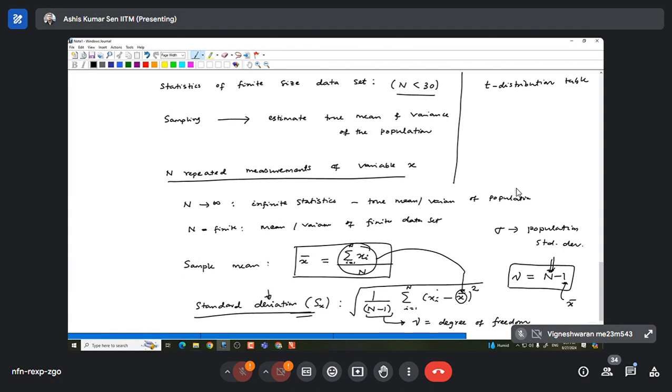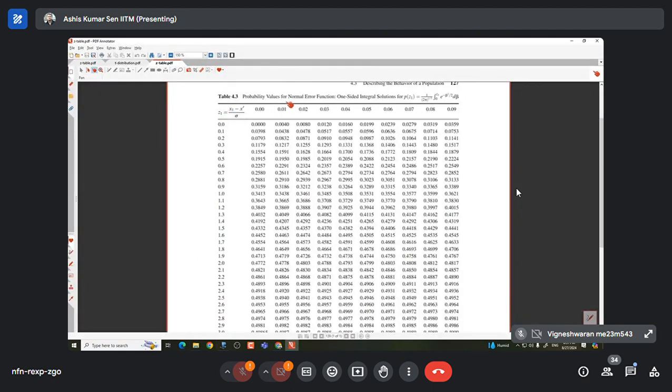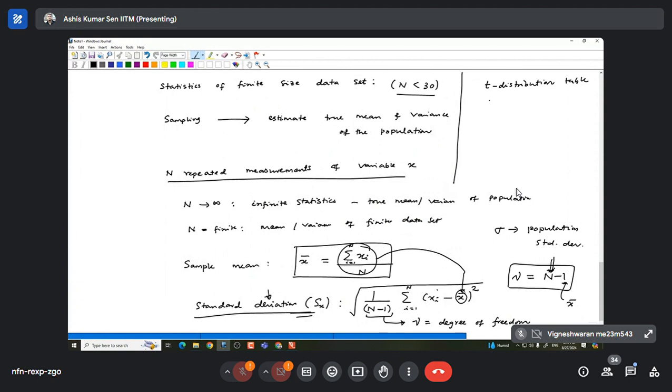If you see this table here, it says normal distribution table or Z distribution table, but we will see that for a finite data set we have to use the T distribution table, because the normal distribution table with a finite data set will give you erroneous results. So how are normal and T distributions different? Let us talk about that.